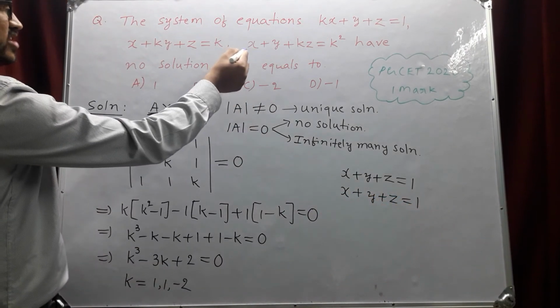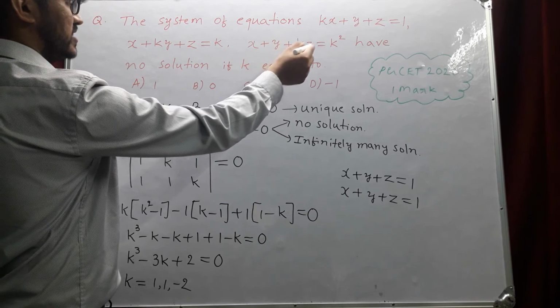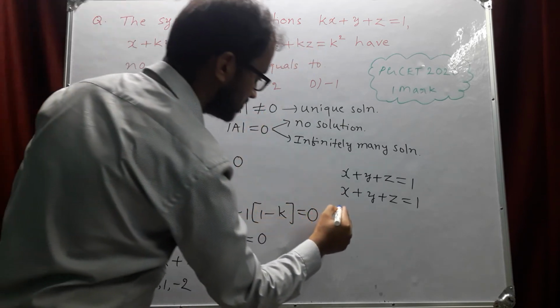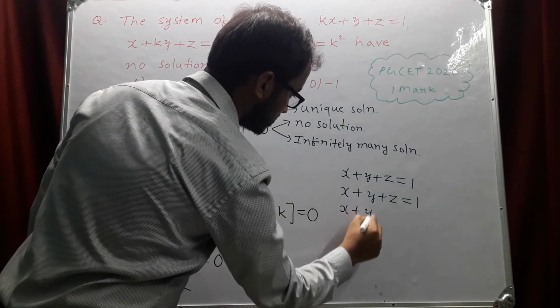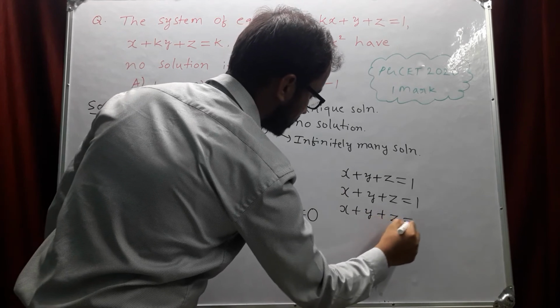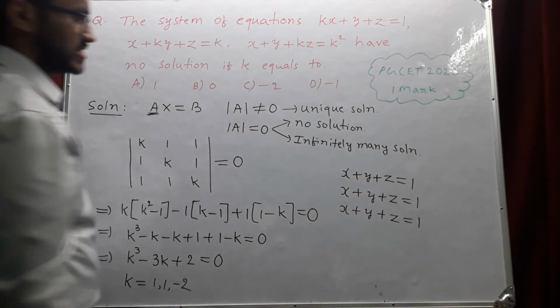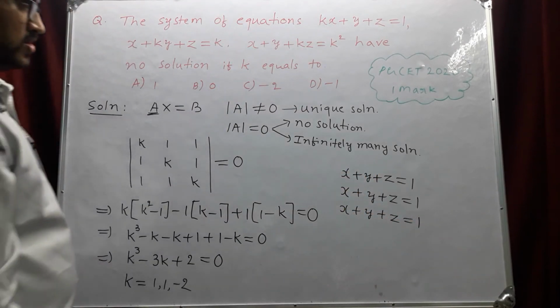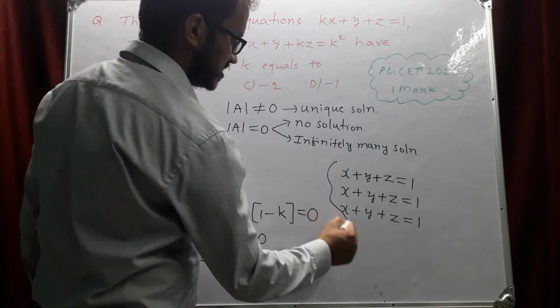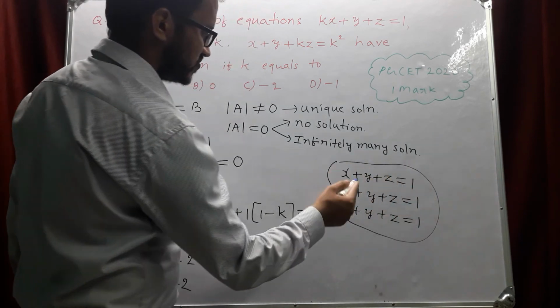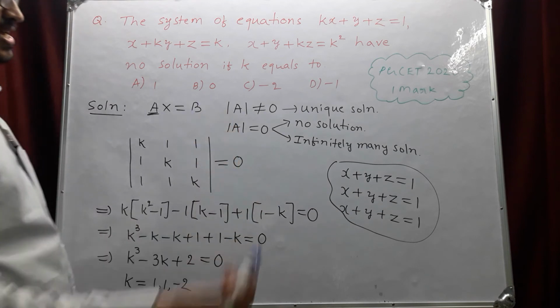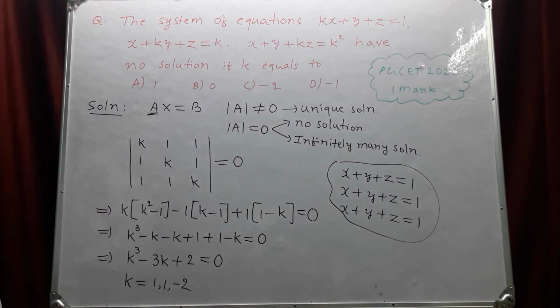So third equation also becomes x plus y plus z is equals to 1. So all equations are same. So all equations are same means x, y and z have infinitely many values we can take.